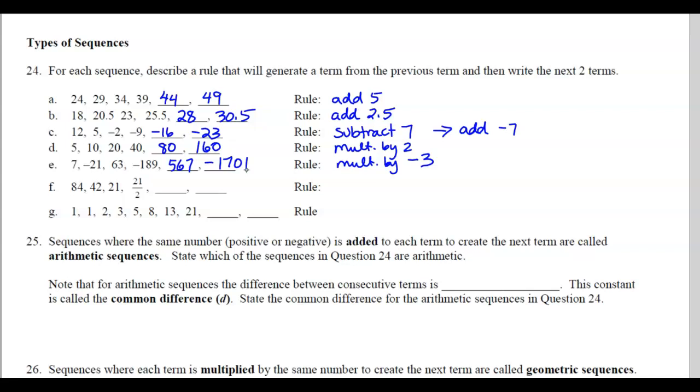Okay, next one, what are you doing? You can give me what we're doing in the next one. Adding, subtracting, multiplying, dividing by something to get each consecutive term. Dividing by 2.